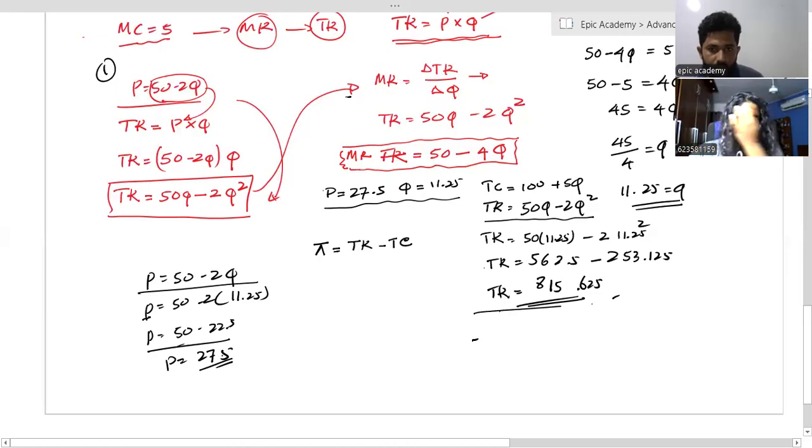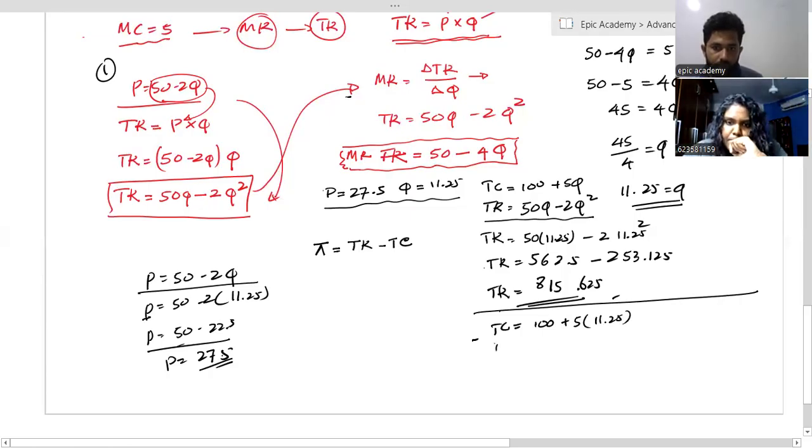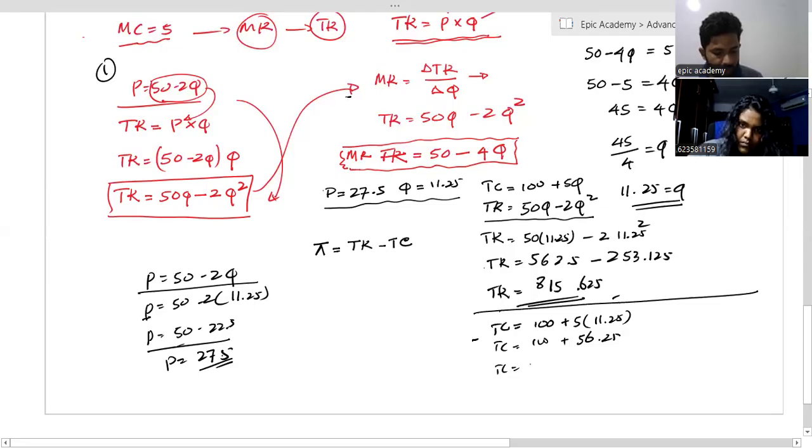Is that value okay? 250.125. Yes. So TR, total revenue, is 815.625, isn't it? Yes, right. So now this is the time we can calculate the total cost. TC equals 100 plus 5 multiplied by 11.25. 5 multiplied by 11.25 is 56.25. So TC is 156.25, isn't it?